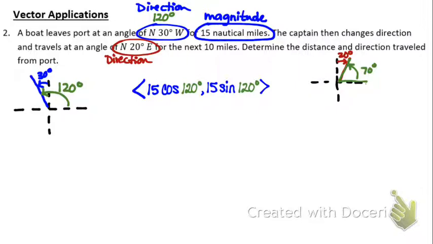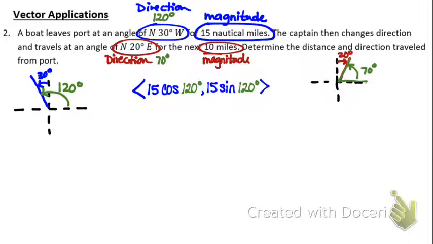Do I have a magnitude that goes with this next bit? 10 miles. Here's my magnitude. All right, so our direction, we said we have to use 70 degrees because that's what north 20 degrees east is when I'm talking standard position.